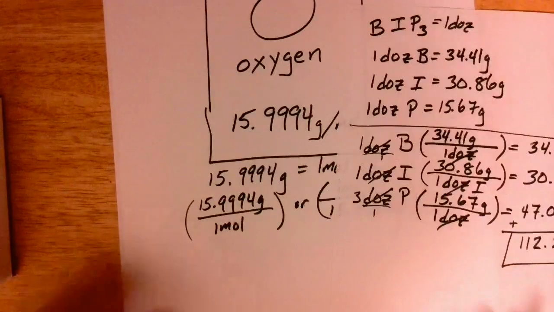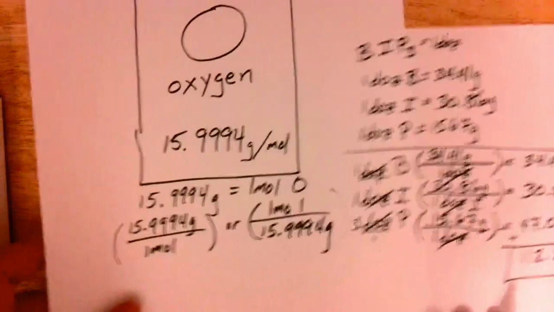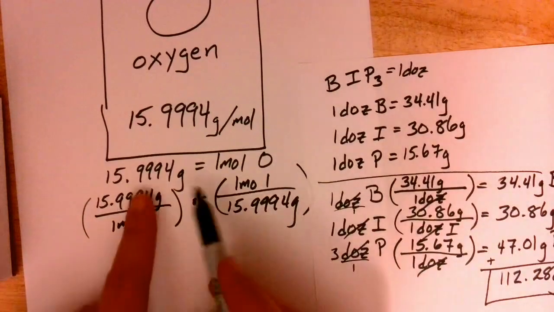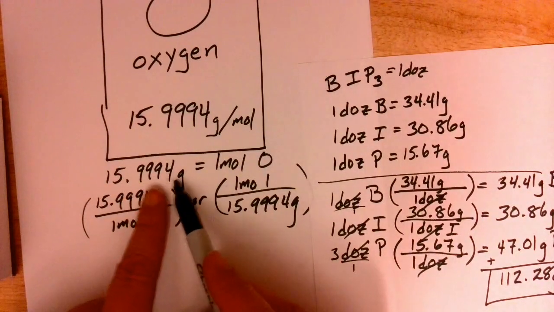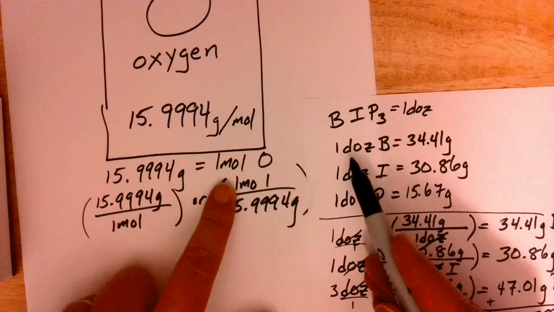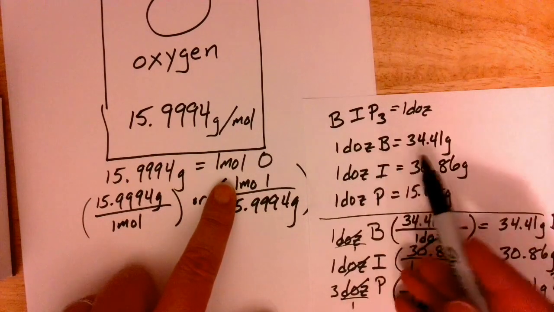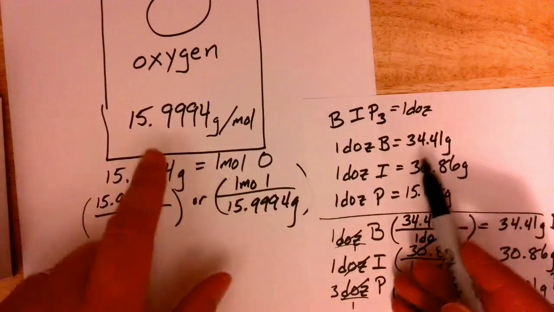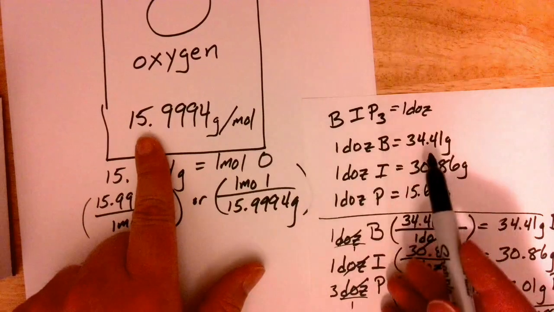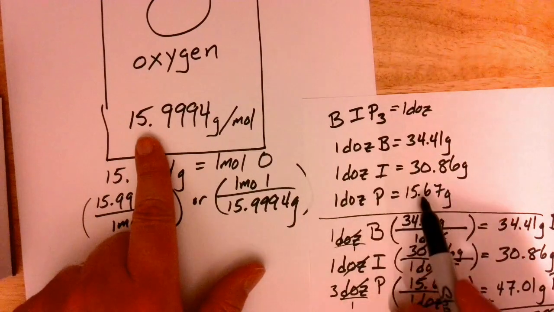So this number down here is basically the same thing as this right here. You have 15.9994 grams is equal to 1 mole of oxygen. That's kind of like saying this right here, 1 dozen binder clips is 34.41 grams. So this number here is kind of like this number here, for each one of these.